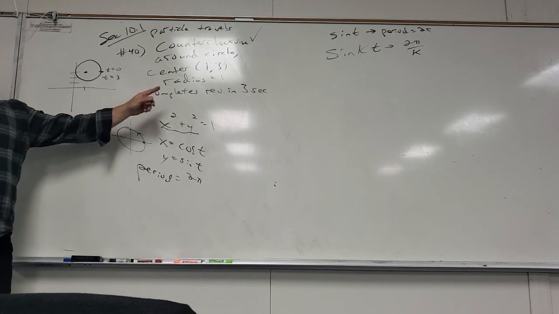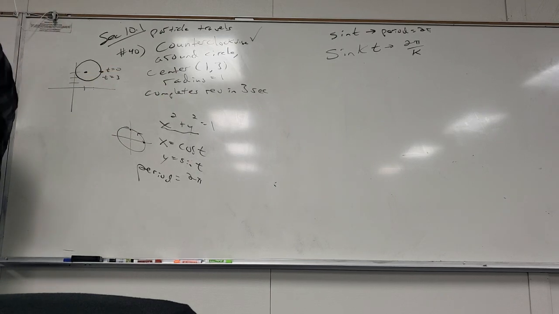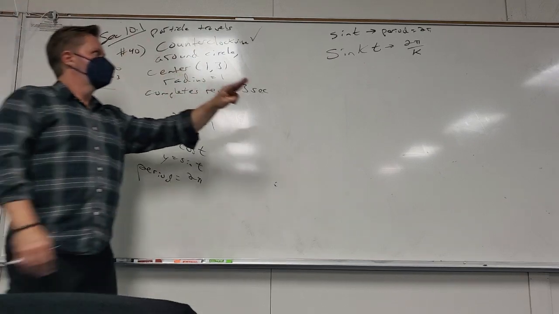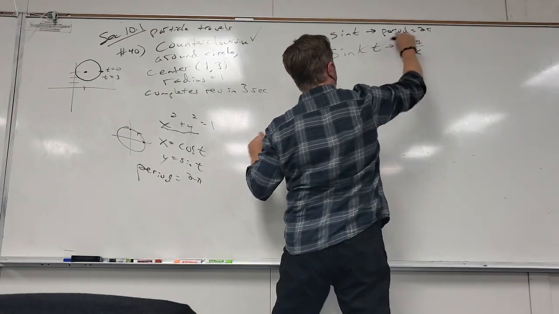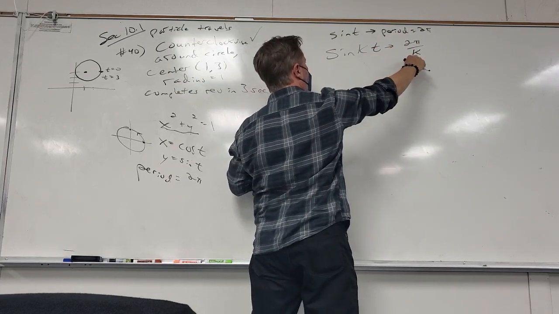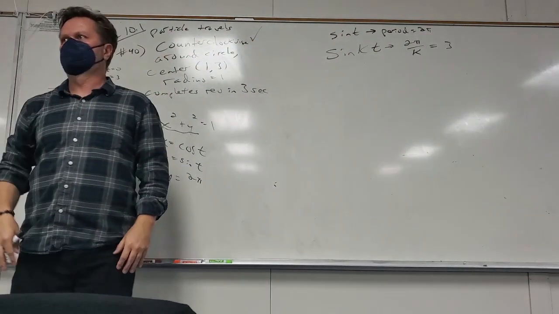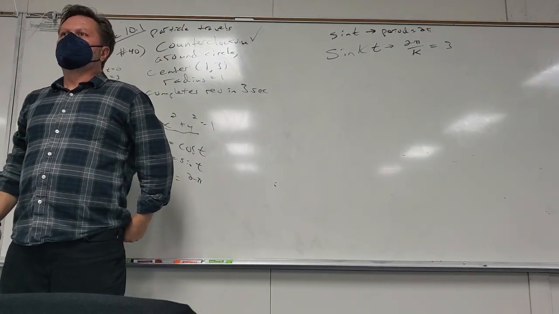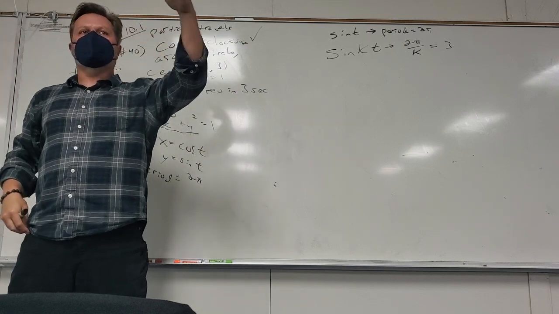What do we want our period to be for this problem? 3. I love it. It's 2 pi at the moment, right? So what do I need k to be so that this becomes 3? Can you solve that for k? What's more important than this specific problem is to remember what goes into this.